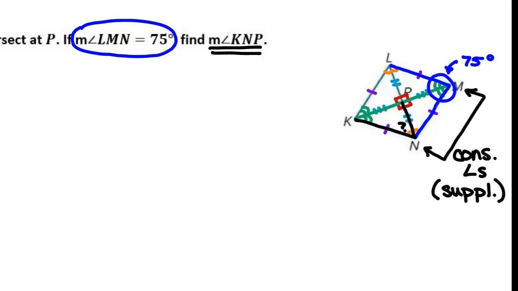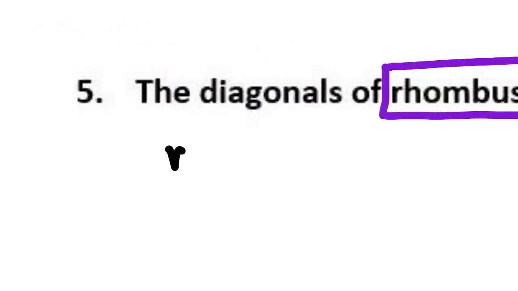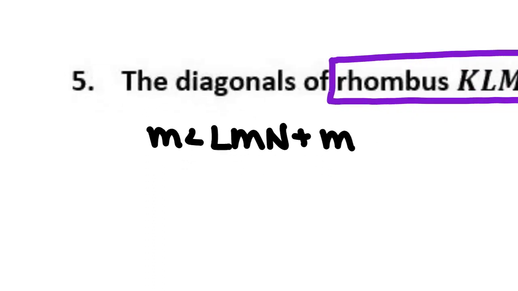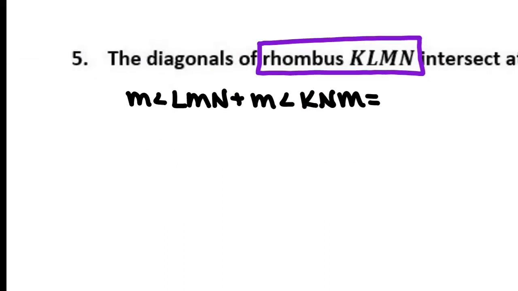They're supplementary. Remember, a rhombus is a special kind of parallelogram, so this would have all the same properties of a parallelogram. So the measurement of angle LMN plus the measurement of angle KNM is equal to 180 degrees.